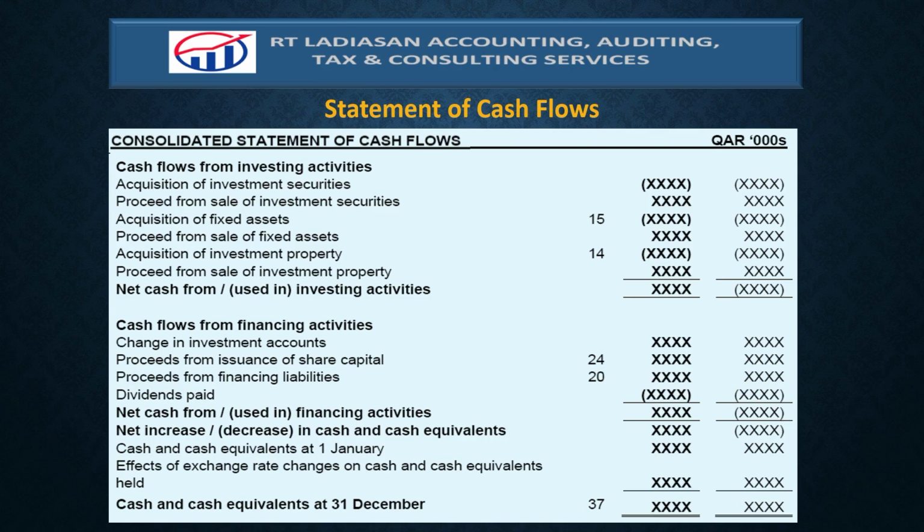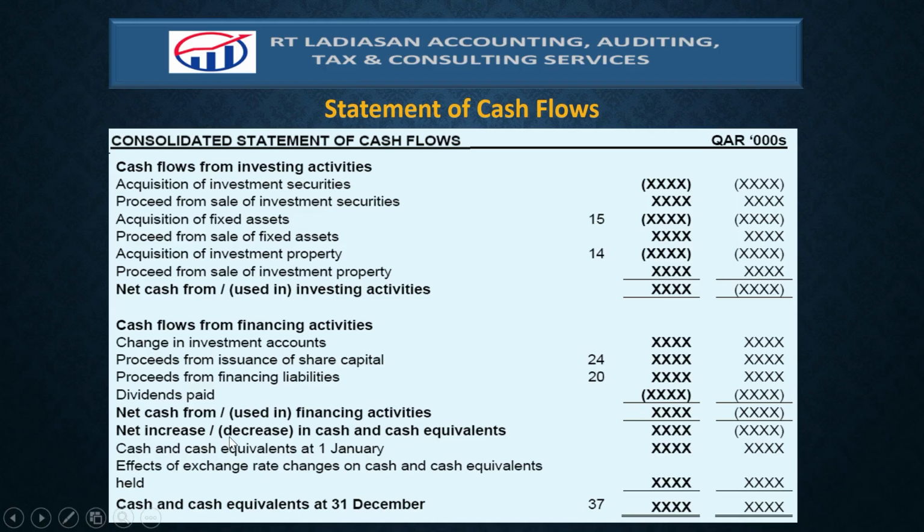And until we arrive at the net increase or decrease in cash and cash equivalents, this refers to the net cash provided or used when combining these activities, like the operating activities, the investing activities, and the financing activities.